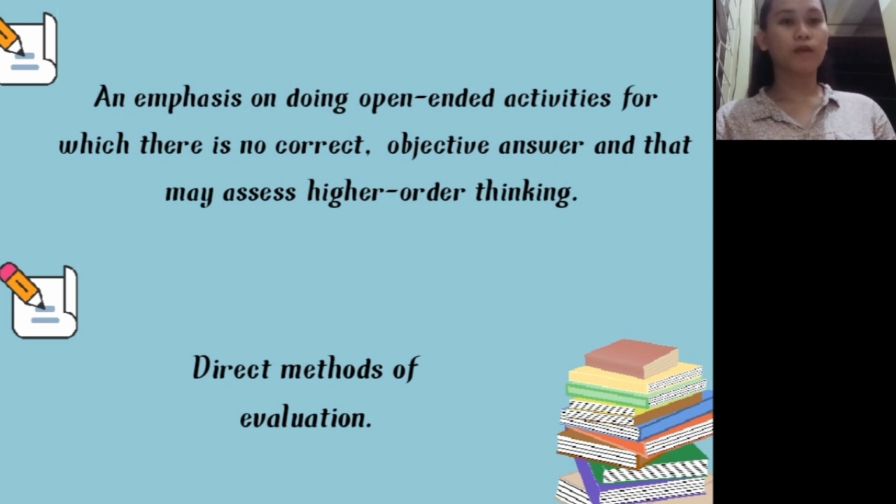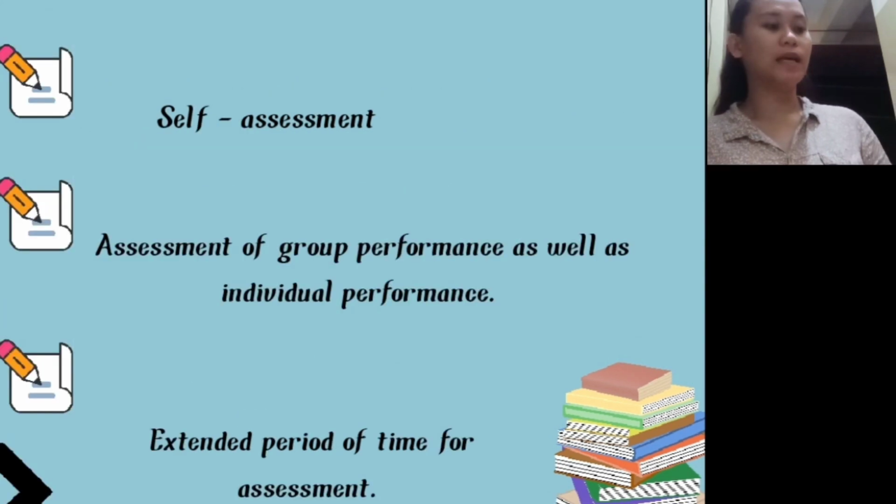Next, direct methods of evaluation. Now, oral presentation is a method of assessing students' learning and an exercise alternative to the paper and pencil test, in a way that describes the good oral presentation of an individual. Next, we have the self-assessment.